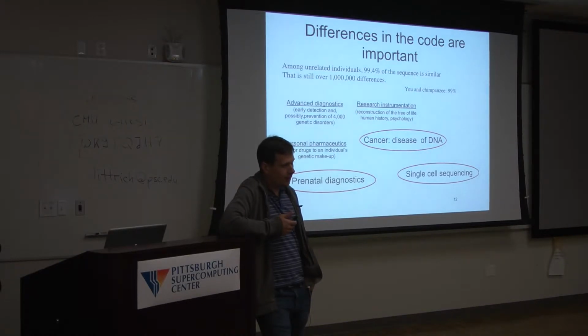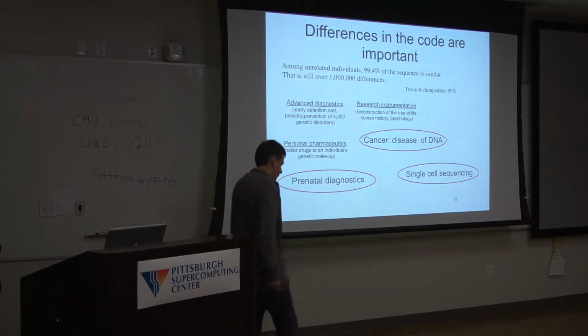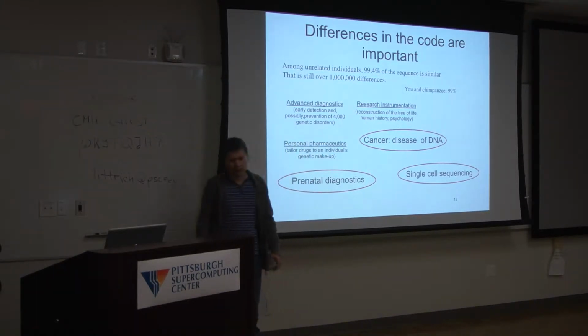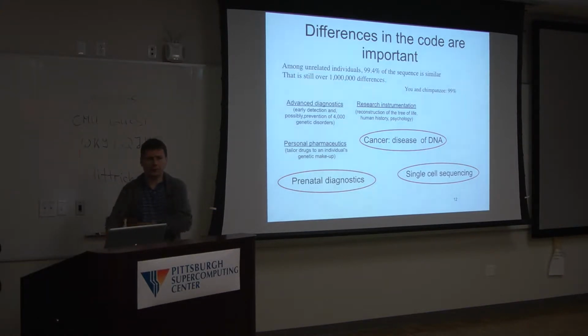Cancer is a disease of DNA. Basically, mutations accumulate and eventually lead to cancer. So you really need to sequence the genome. Ideally, you would sequence everything from different cancer cells to know what is the molecular origin of cancer at the DNA sequence level. And this is actually not a very easy task.